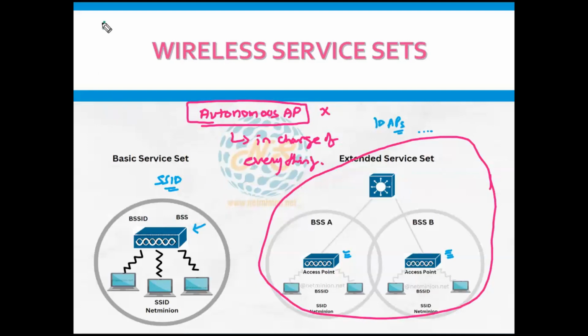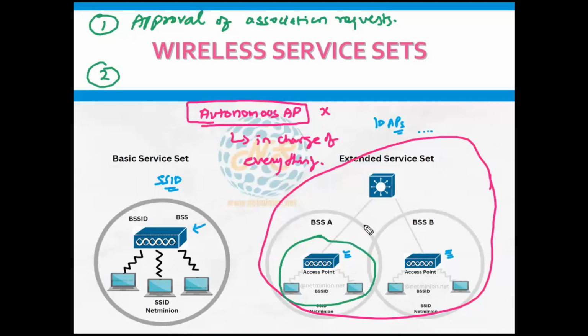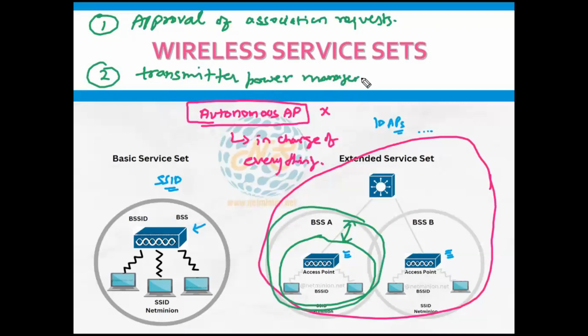What all of the things? If some requests are coming, it will provide the approval of your association request. If this basic service set by default is this, but the limit is this, it means it needs to transmit more, so transmit power management will be done by your AP.